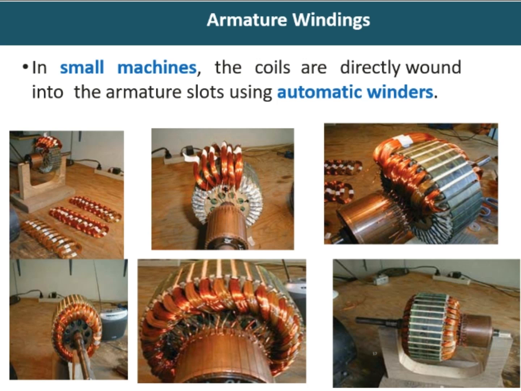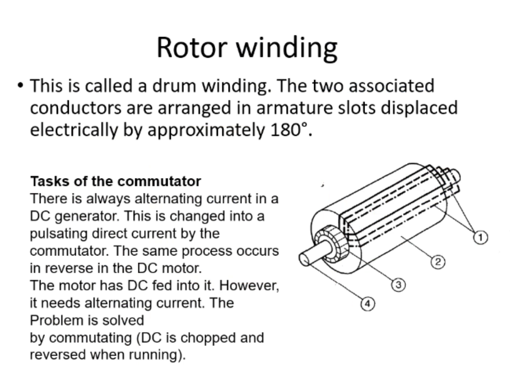And then you can see how these coils go through the slots of the armature. The rotor drum surface has these coils, and the two associated conductors which form the coil are electrically displaced by approximately 180 degrees.